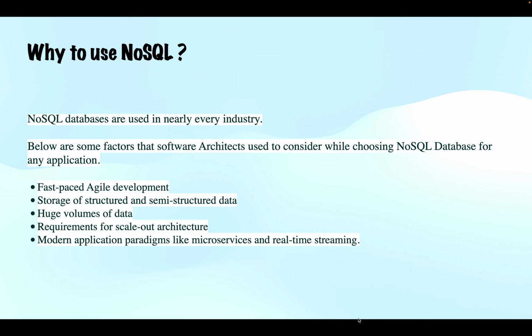Even as an architect, I have experience in MongoDB, using it for the last 5-6 years, and I can see this is the best database if your requirement matches the features that MongoDB provides.